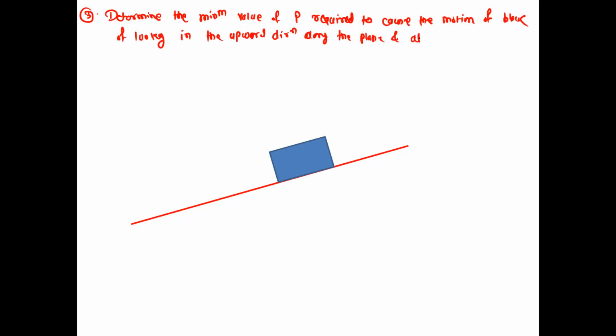And also we have to determine the corresponding angle, that means the angle of the force P.